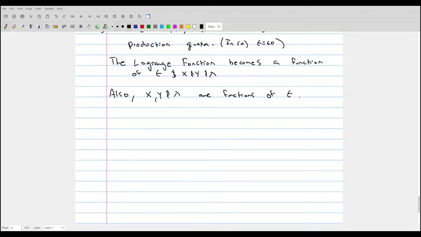Assuming we have that value of t, we can do the Lagrange multiplier method, just like we did before.